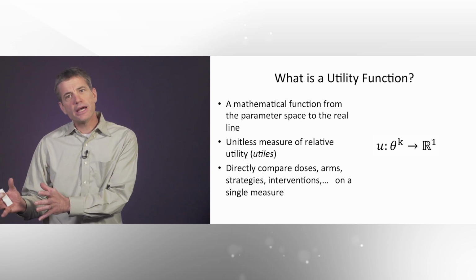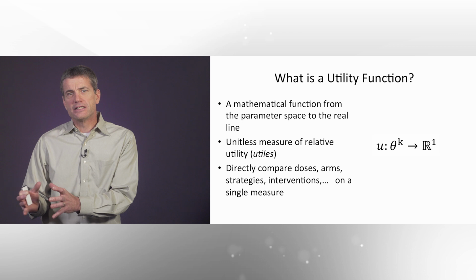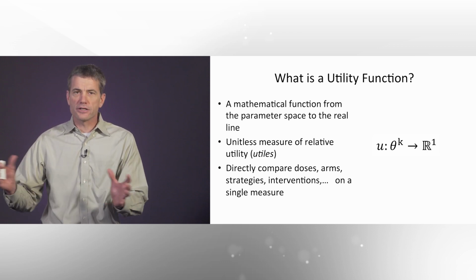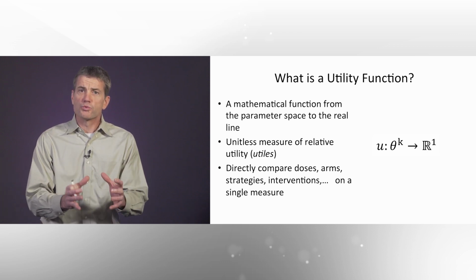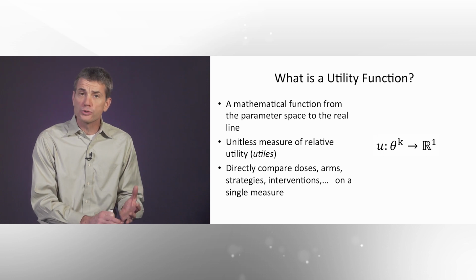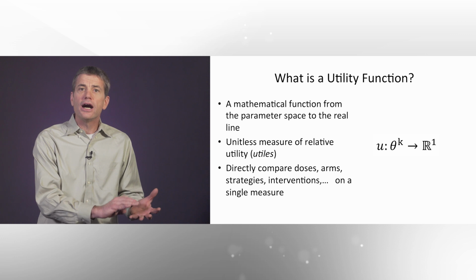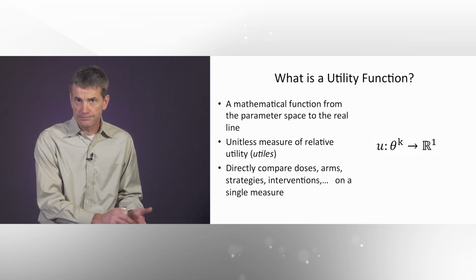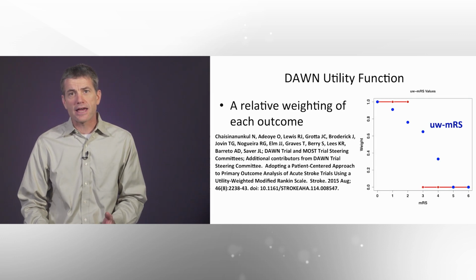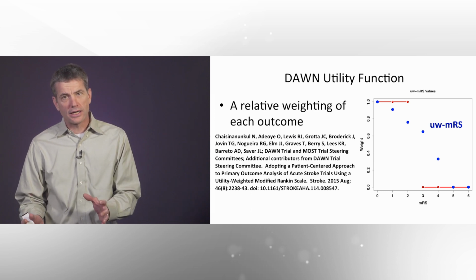This utility measure on the real line doesn't have units. It's not in terms of dollars or anything else. It's a relative value of doses or arms that we can directly compare on that measure of utility. So let's look at that example of the DAWN trial.